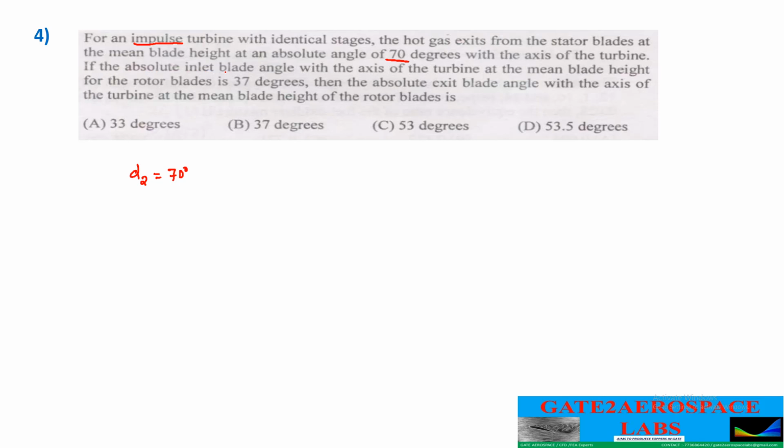If the absolute inlet blade angle with the axis of the turbine at the mean blade height for the rotor blade is 37 degrees, now you see beta 2 is also given, that is 37 degrees. Then we have to find the absolute exit blade angle, they are asking us beta 3, with the axis of the turbine.